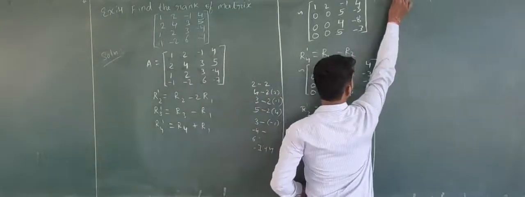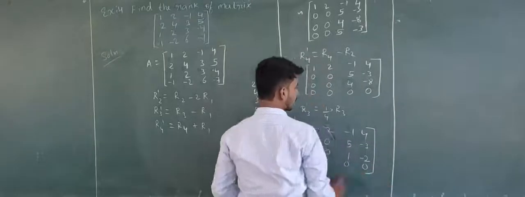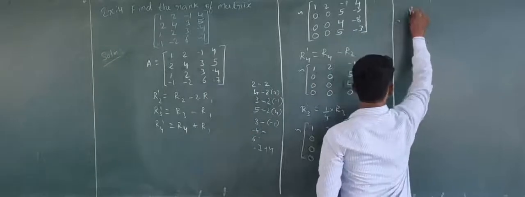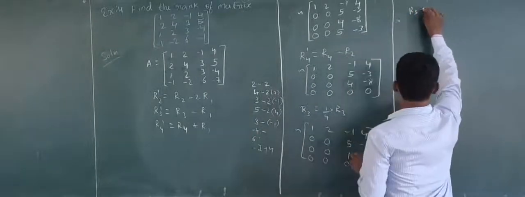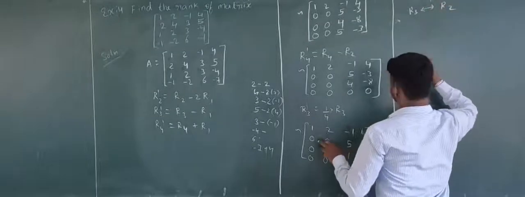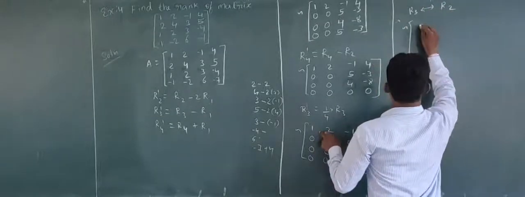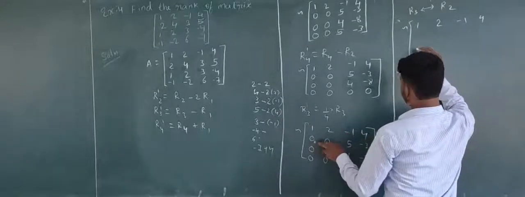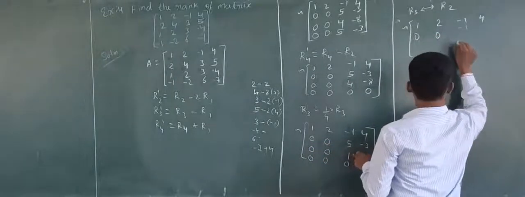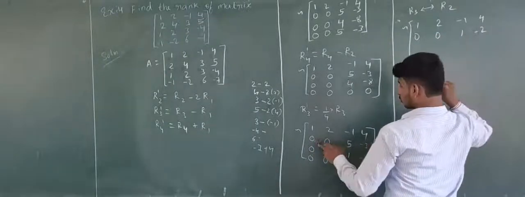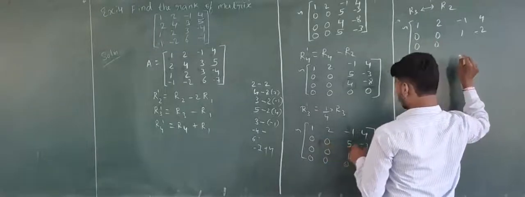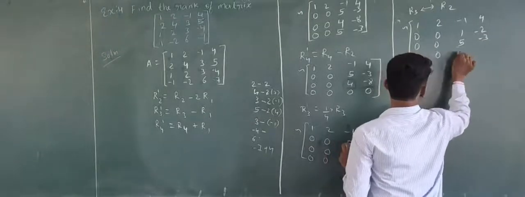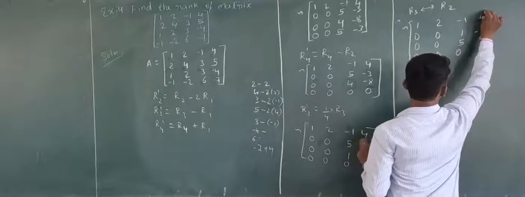So the matrix is 1, 2, minus 1, 4; then 0, 0, 1, minus 2; next 0, 0, 5, minus 3; and the last row is 0, 0, 0 and 0.